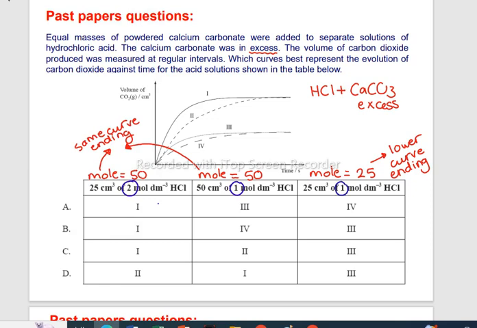So the 2 should have the fastest initial rate. And both the second and the third experiment have the same initial rate.